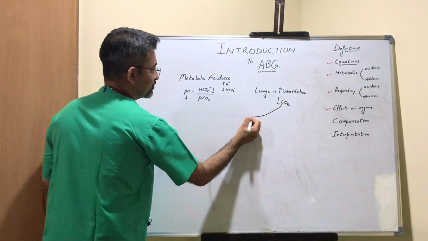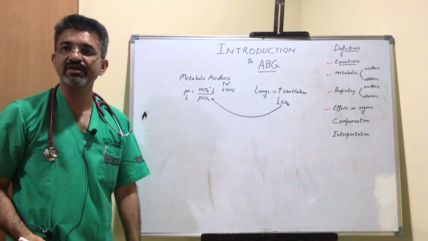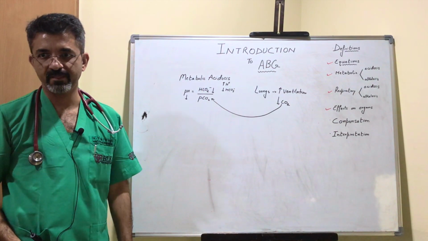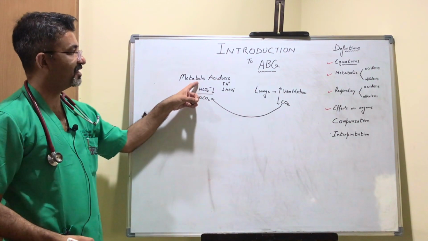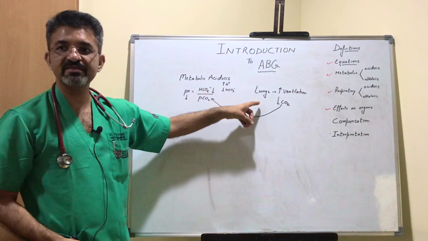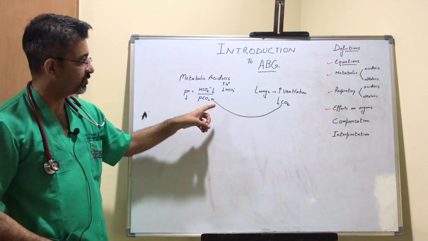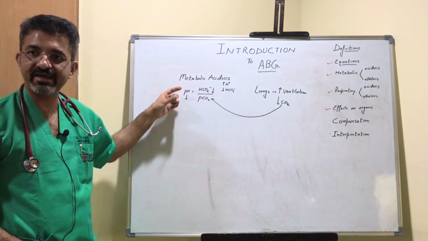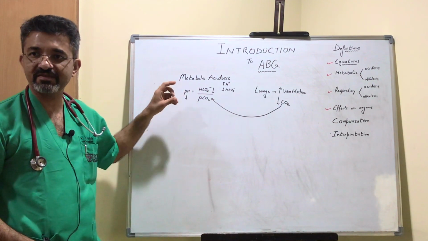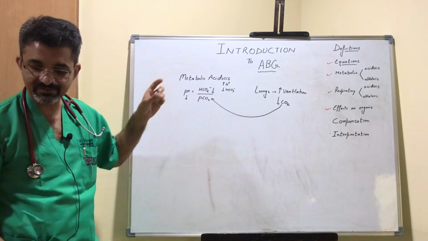This decrease in CO2 will reflect as normalization or near normalization of pH. Got the first mechanism? In metabolic acidosis, the primary compensatory mechanism is the lung. The PCO2 decreases, the denominator decreases, and my HH equation tells me that my pH will turn out to be near normal now. So this is the first mechanism.